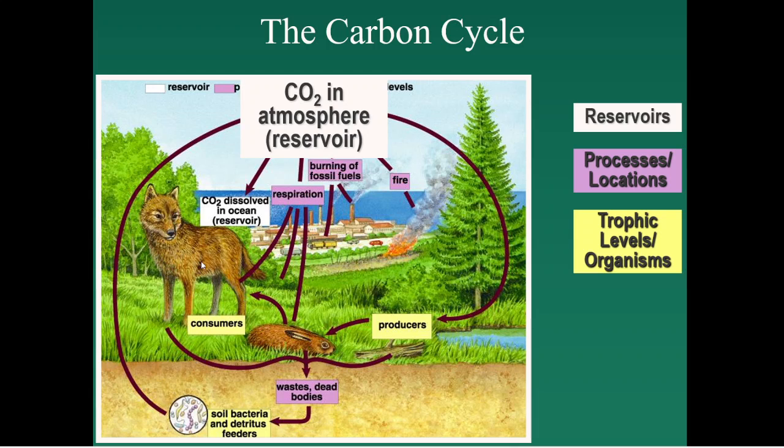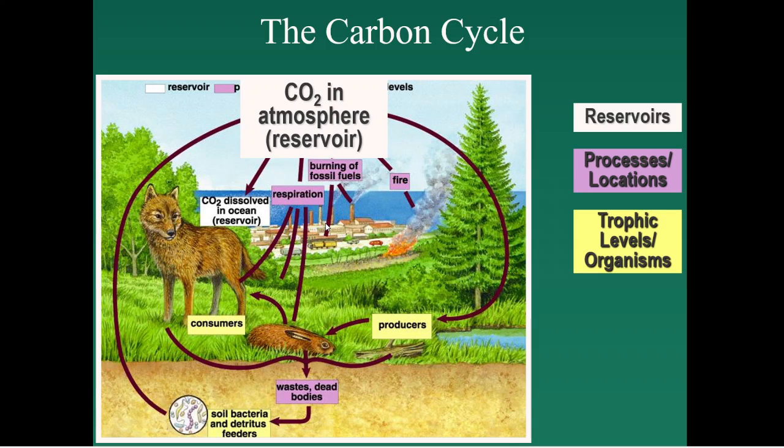So does this little coyote, if it eats the bunny. When they die, and also when they respire, they release carbon dioxide back into the air, which the trees then take back in.